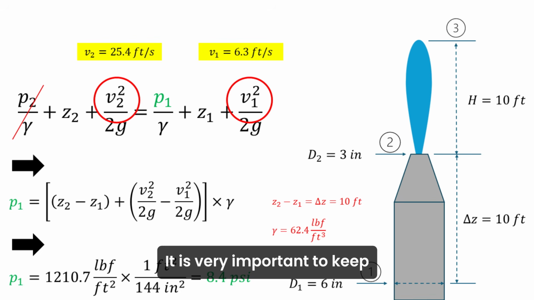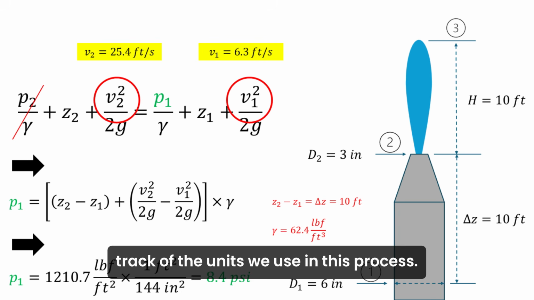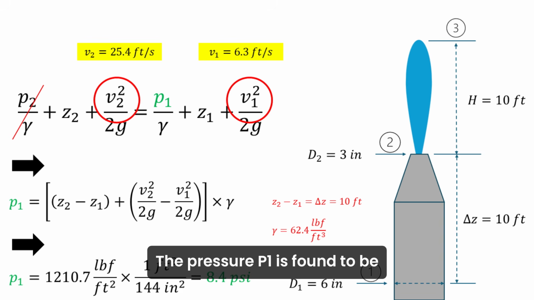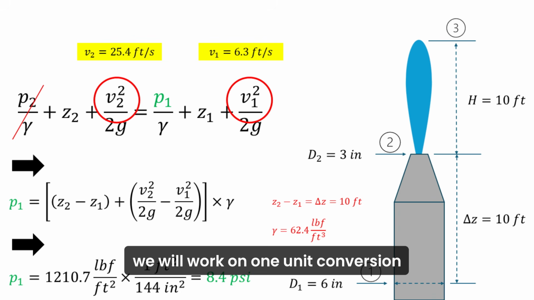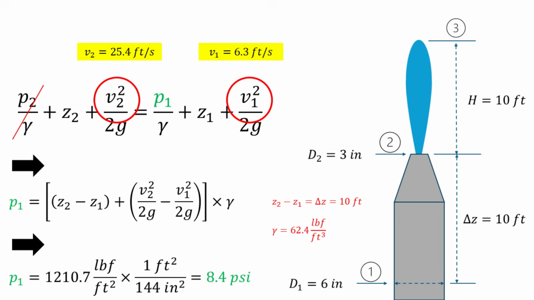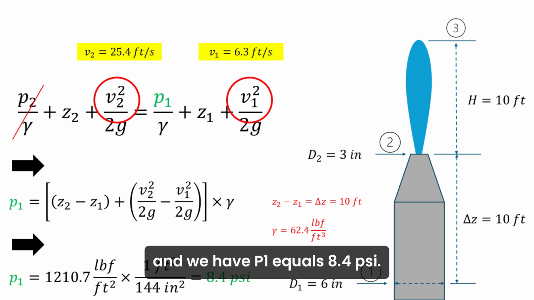It is very important to keep track of the units we use in this process. The pressure P1 is found to be 1210.7 pound-force per square foot. And that is PSF, not PSI. If the result needs to be in PSI, we will work on one unit conversion. And we have P1 equals 8.4 PSI.